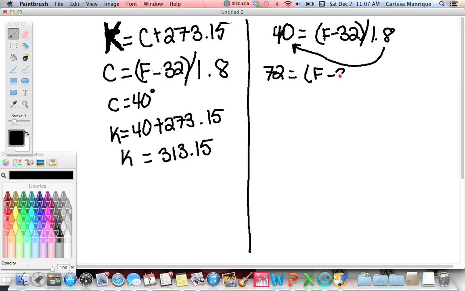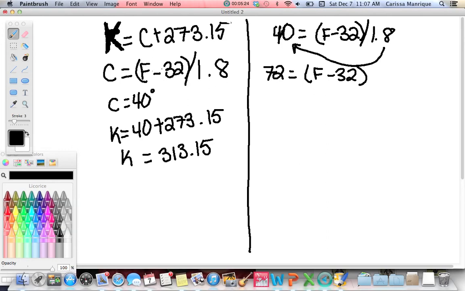Now we have Fahrenheit minus 32 left. We still want to get Fahrenheit by itself, so we have a 32 left over. Notice it's negative over here, so when we bring it to the other side, it'll be a positive, so we'll add it.